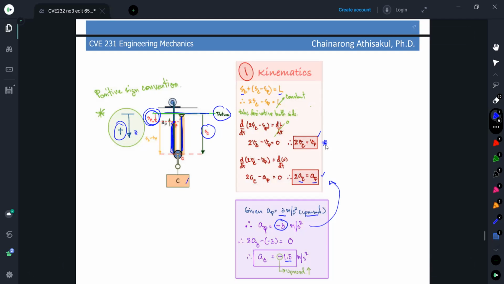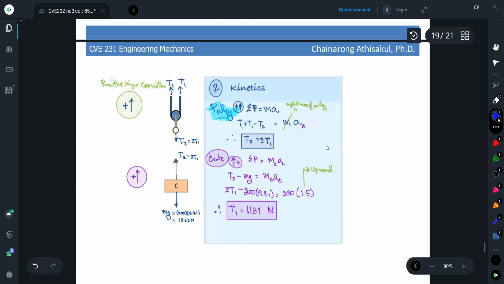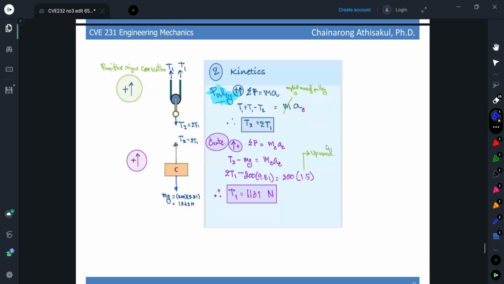Now we have the acceleration of the crate already, so we will solve for the kinetics of the pulley and the crate. For the pulley, we have the free body diagram like this. According to Newton's second law of motion, summation F equals ma.